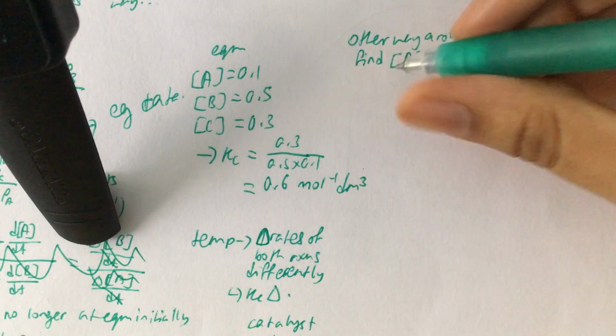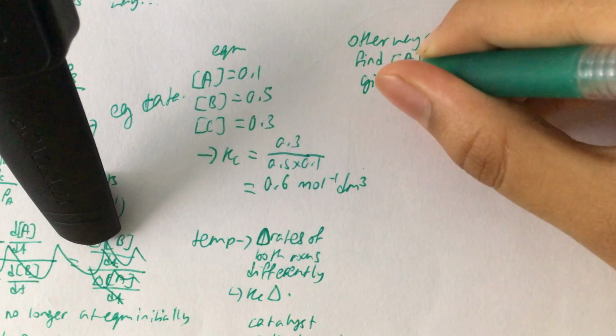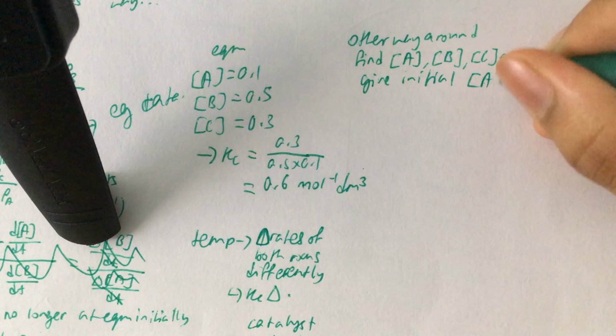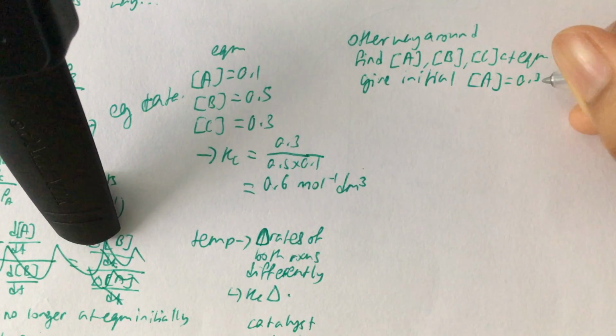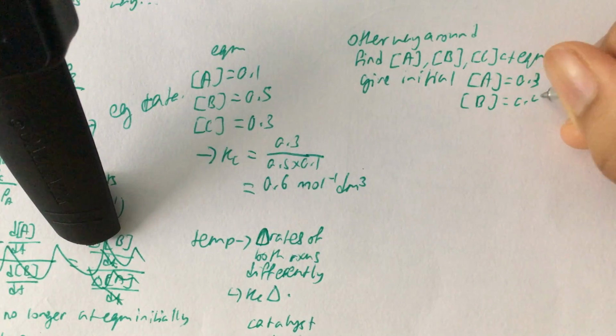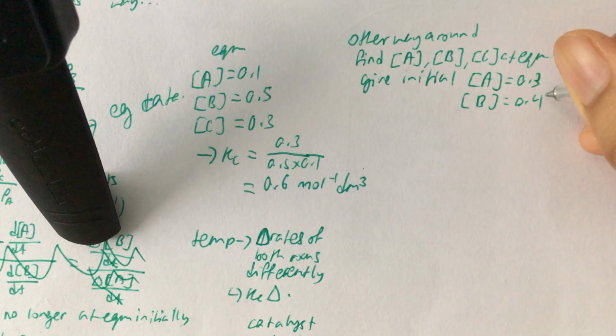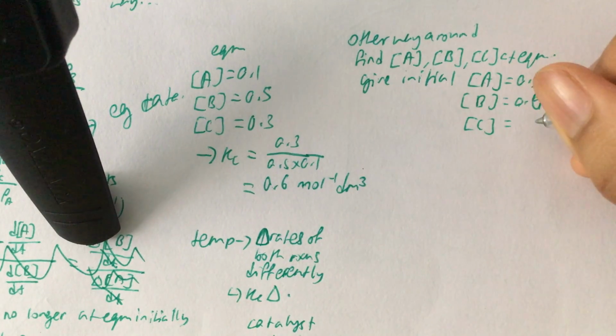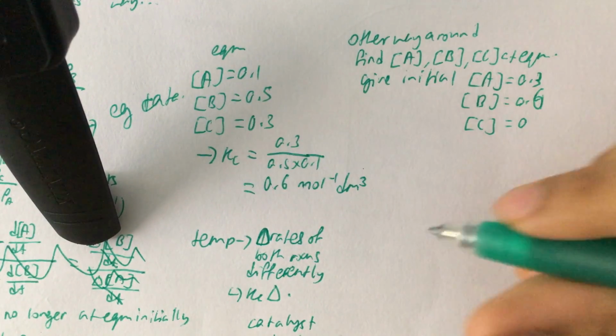So how you should start is to imagine the change in concentration at equilibrium as S, maybe. And if you have a 2 or 3 as a coefficient, then you must make sure the change is 2S or 3S according to the coefficient that you have.